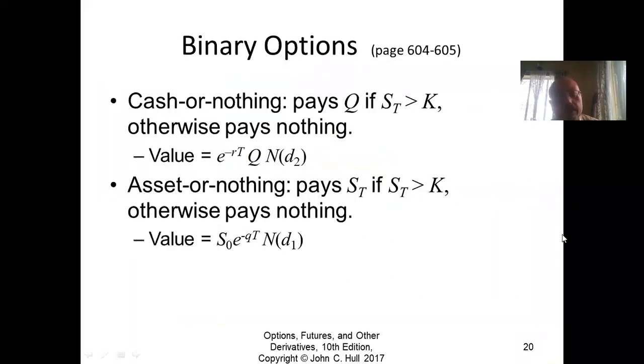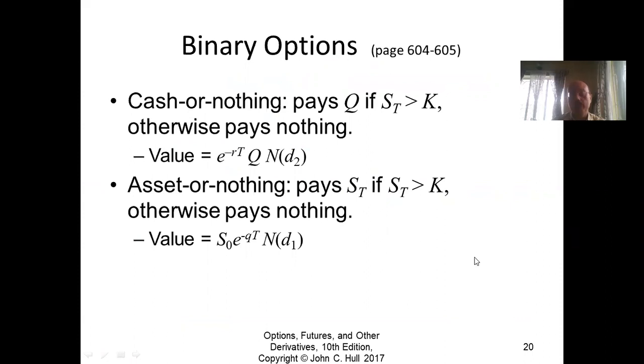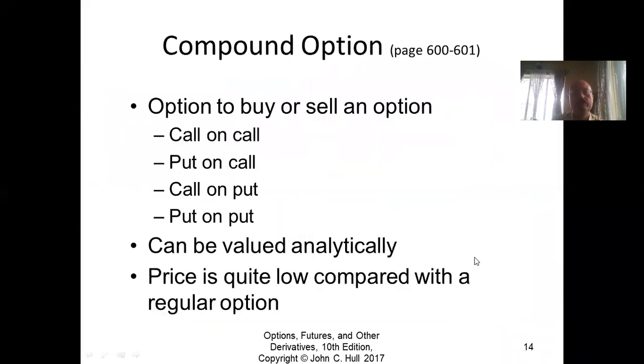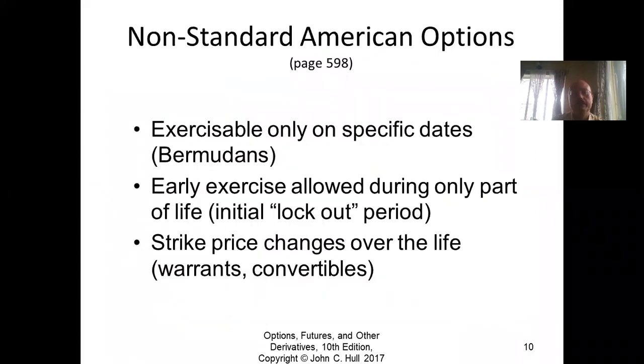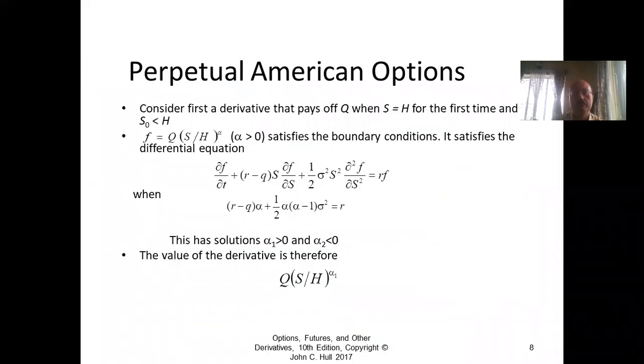So the next option are called binary options. Binary options are like cash or nothing. So we already discussed a similar kind of option earlier, which is like the perpetual.